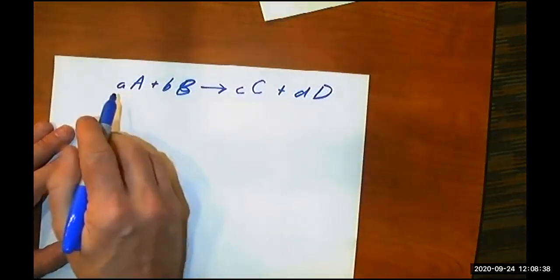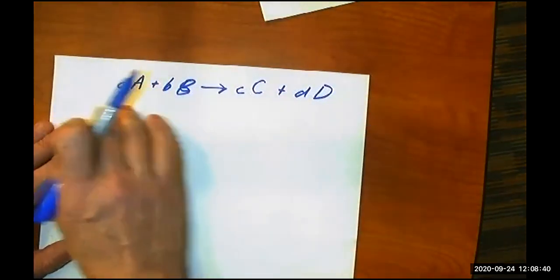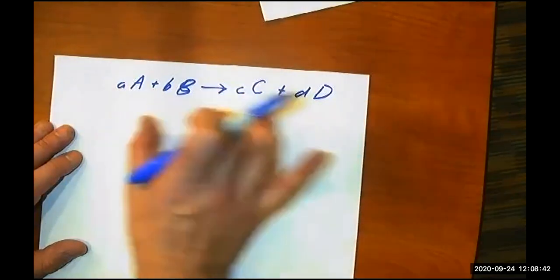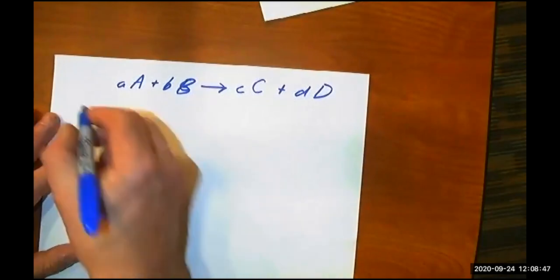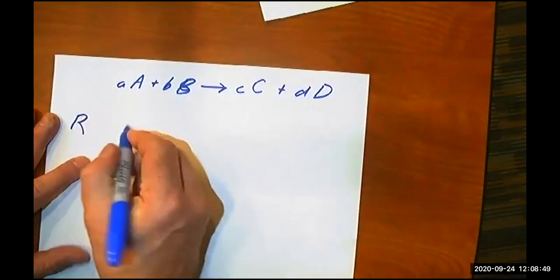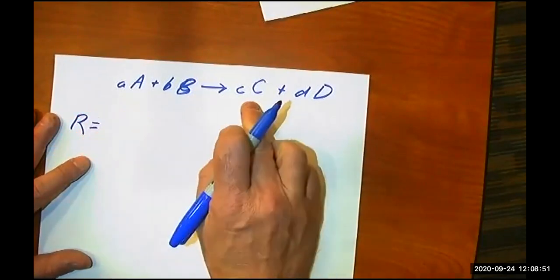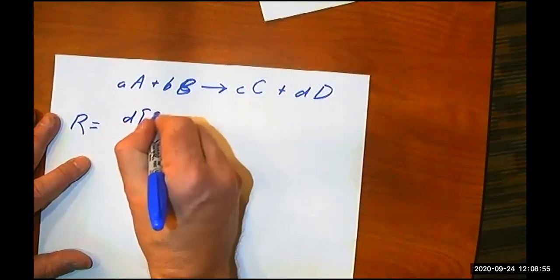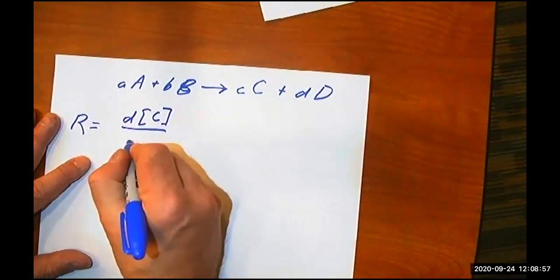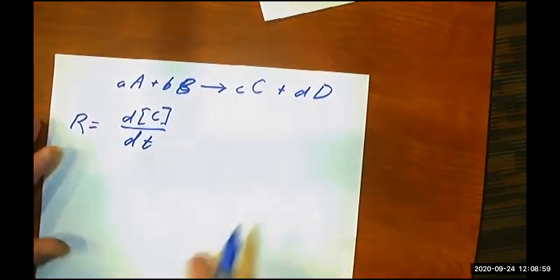And we are trying to express the rates of each of these components with respect to time compared to the rate. So the idea here, let's start with C. We want to have something having to do with the concentration of C changing with respect to time.